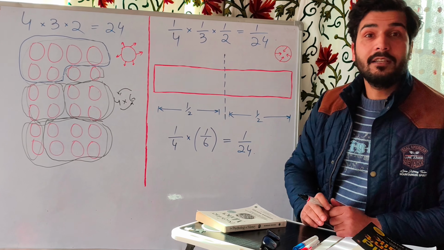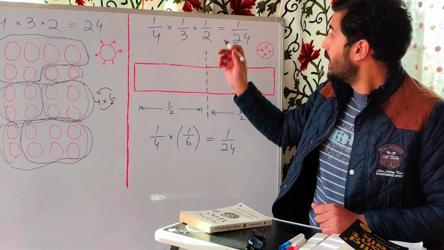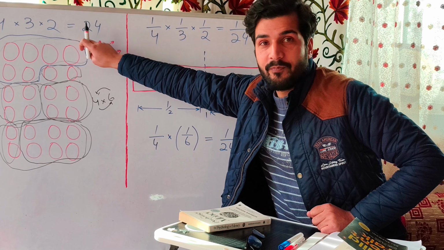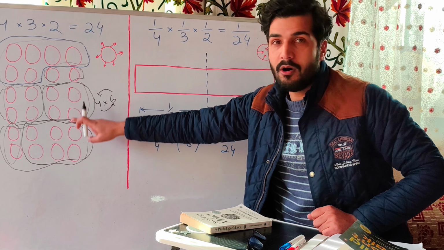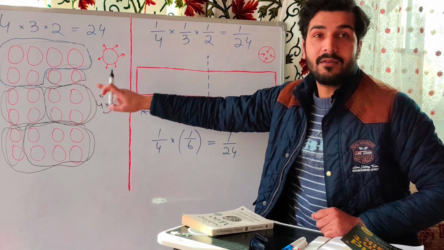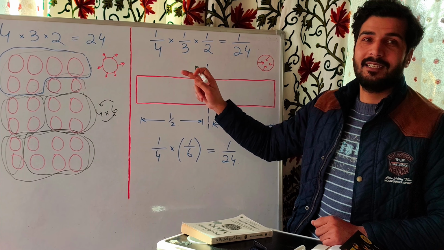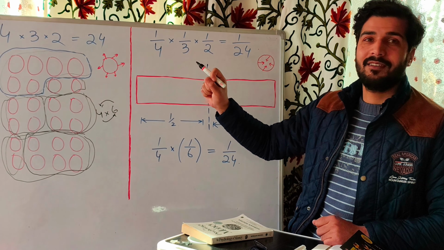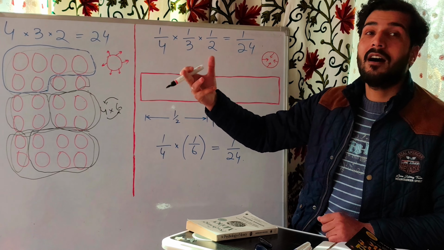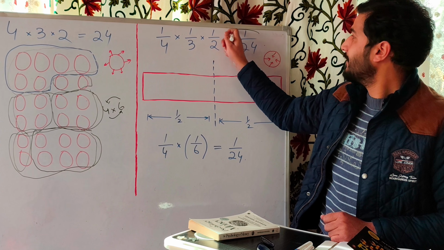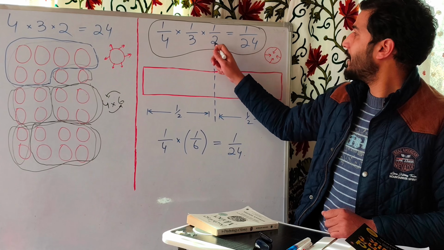But now the question arises in the mind that we are in a position to show this with the help of some diagrams, with the help of some balls. But how can we show 1 by 4 multiplied by 1 by 3 multiplied by 1 by 2?